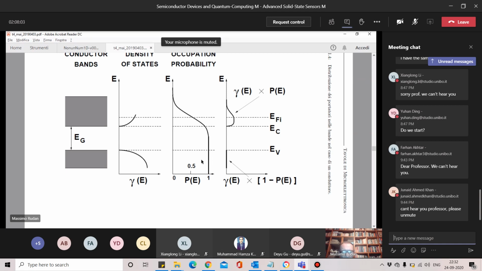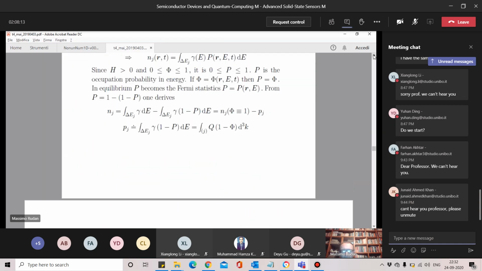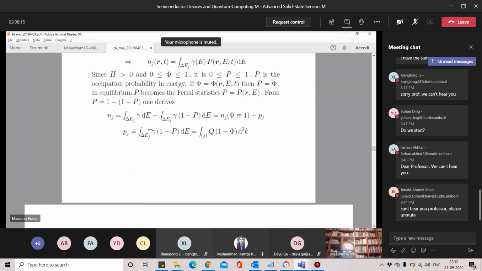For the valence band, we calculate the concentration of holes. So we must take gamma times 1 minus P and integrate over energy.